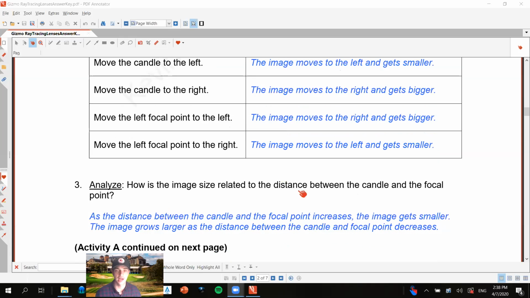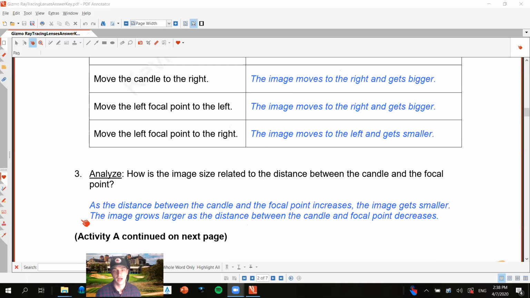So the analysis asks you to form a relationship statement about the distance between the candle and the focal point. And that relationship statement should have read something similar to, as the distance between the candle and focal point increases, the image gets smaller. So as we move the focal point and the candle away from each other, the image produced gets smaller.